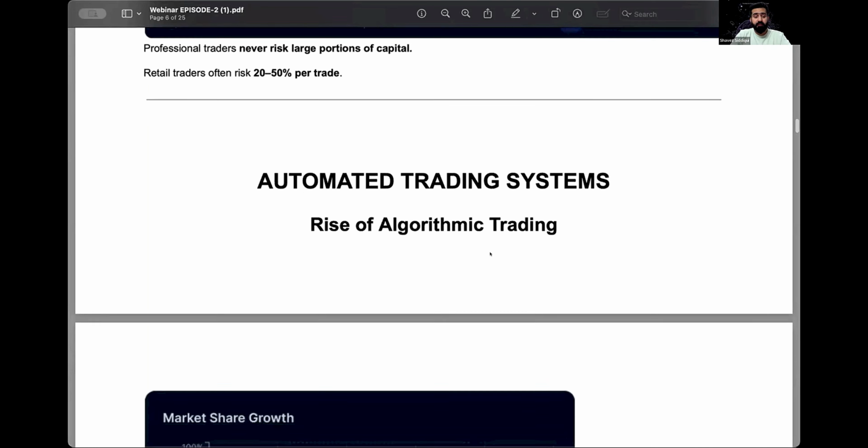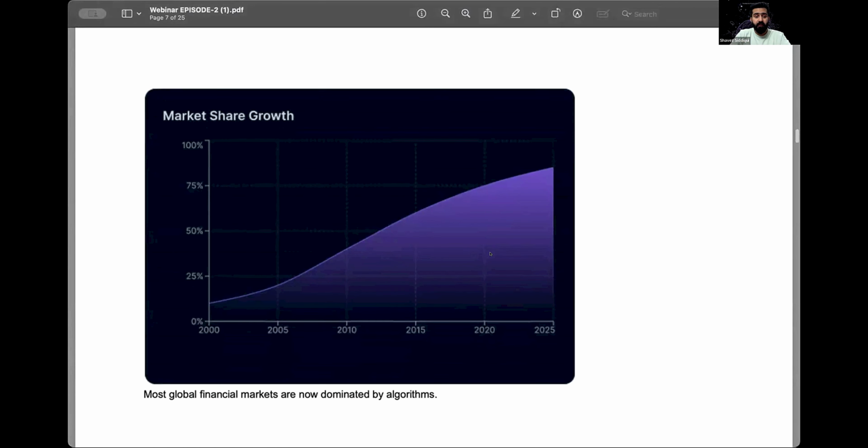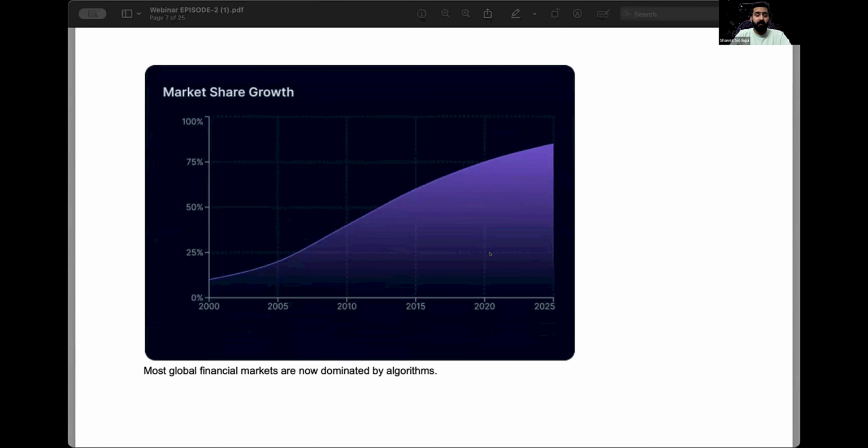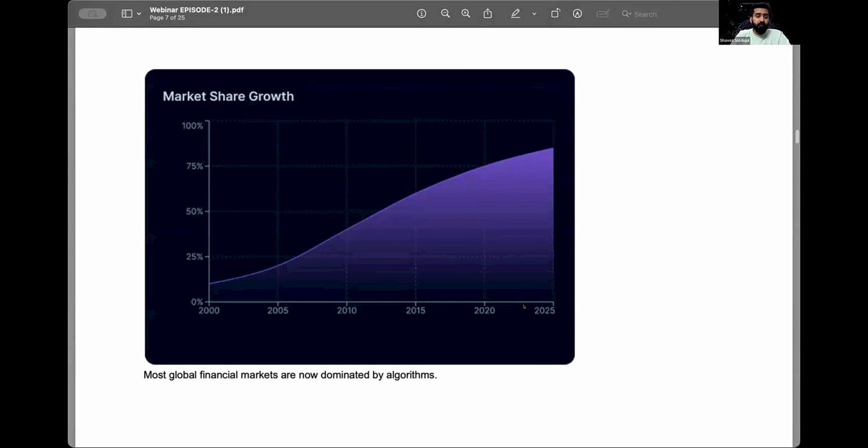We will first understand the rise of algorithmic trading from 2000 to 2005, 2010 to 15, to 20 to 25. Slowly, gradually, trading shifted from manual phone calls to mobile trading, to computer trading, to applications, to automation now.